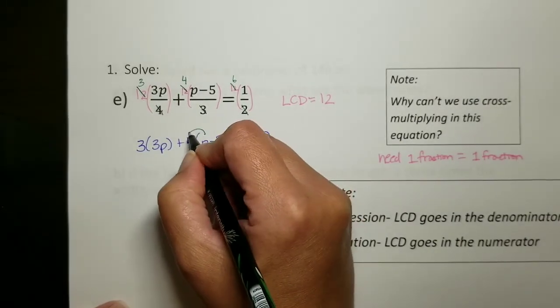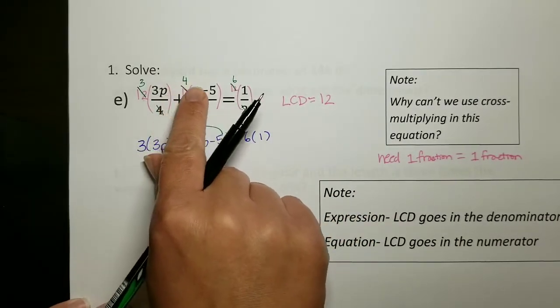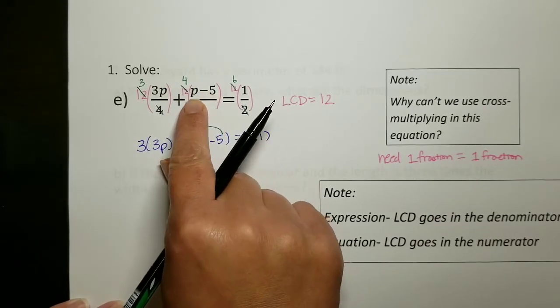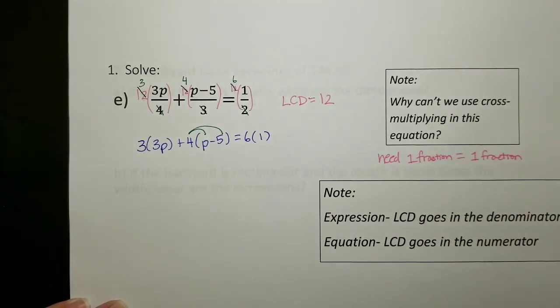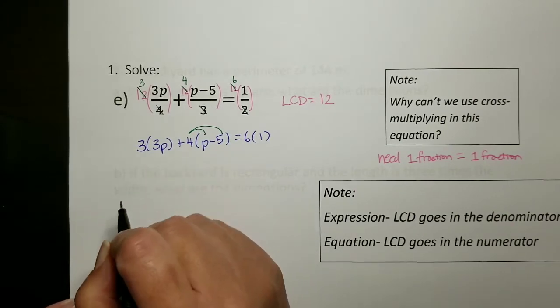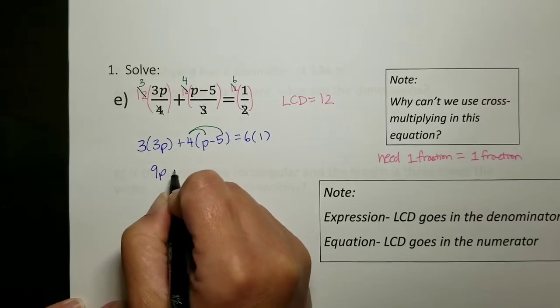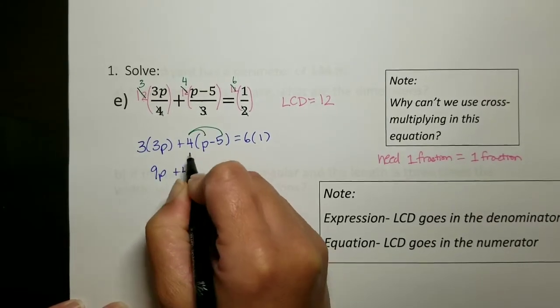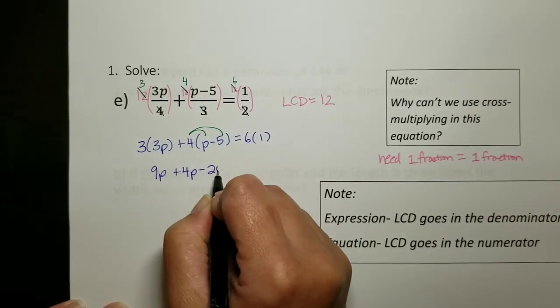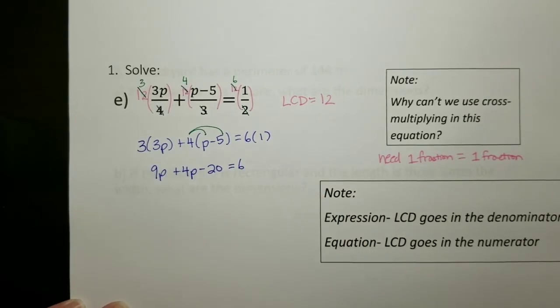A lot of people, if they don't write this step, will forget to distribute that 4 into both pieces in the numerator. That's a really important common mistake to make. So 3 times 3p is 9p plus 4 times p, 4 times negative 5 is minus 20 equals 6.